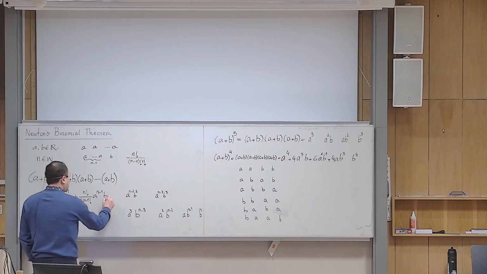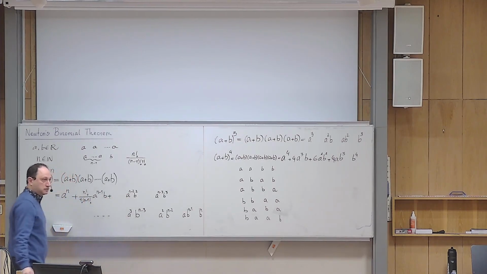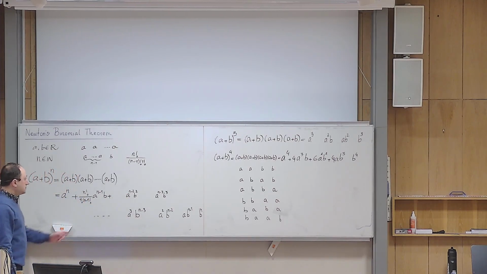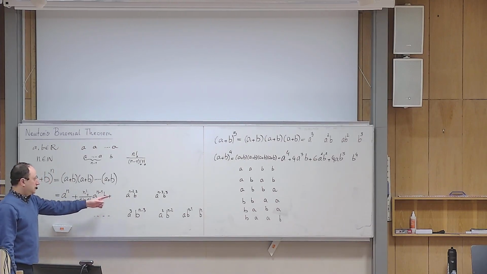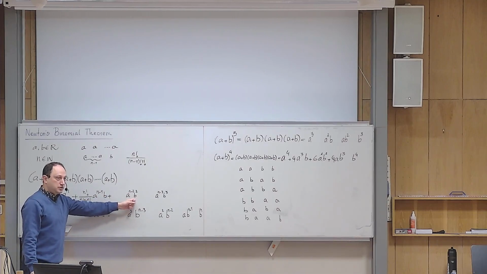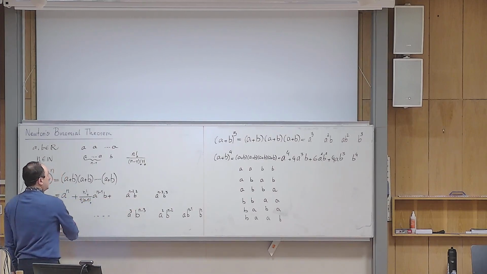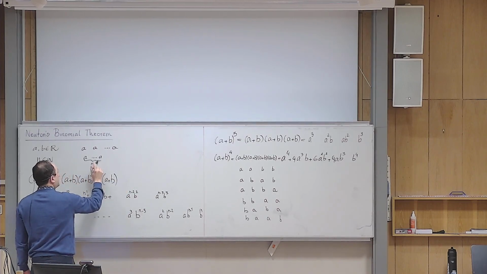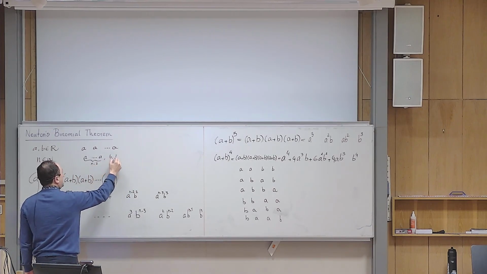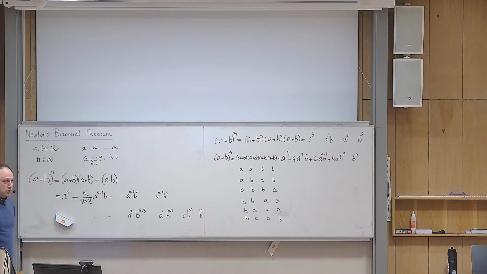Okay, so what can I have for this coefficient here? In this case, I have a list of a's and b's. How many a's are there? N minus 2 a's. How many b's are there? 2 b's. So if I ask you arrange them in a row, in how many ways you can arrange them?